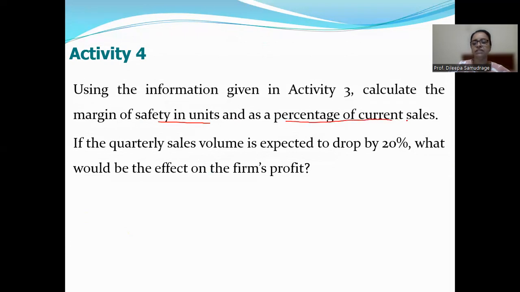And also as a percentage of current sales: you have to divide 450 by the current sales, which is 750. As a percentage, you have to show it. That is the second answer.